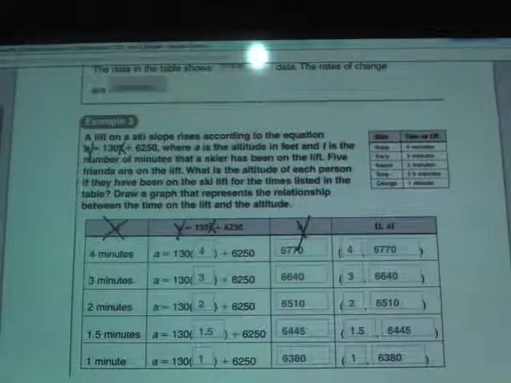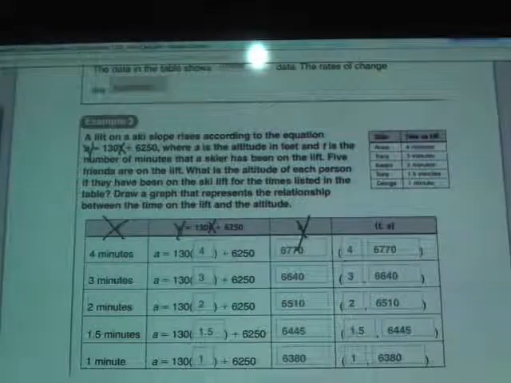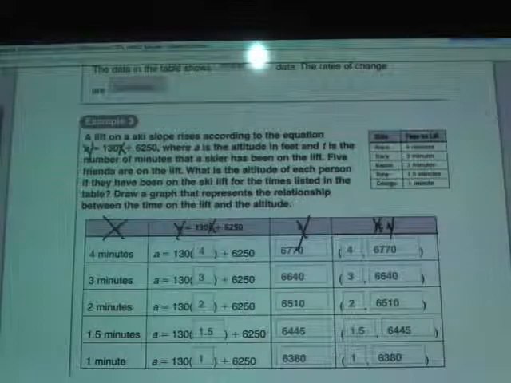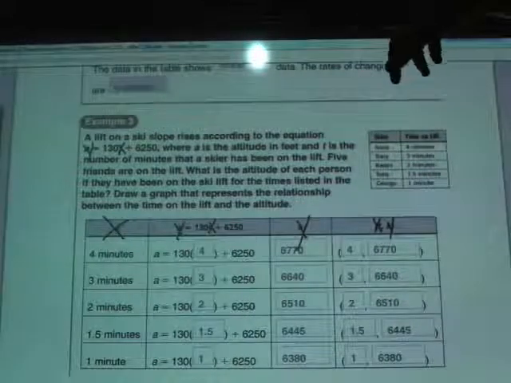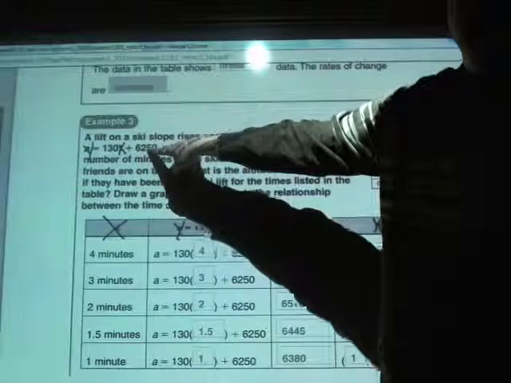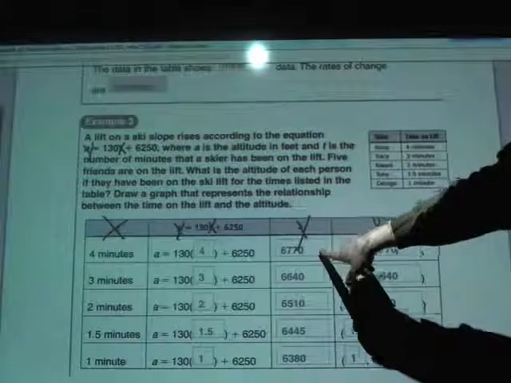No big deal. All right, so let's plug each one of those numbers now into the equation and see what happens. When I change x now into 4, I'm going to do 130 times 4 plus 6250, which is good because that's perfect order of operations. The result is 6770.